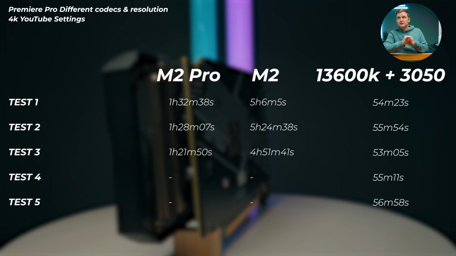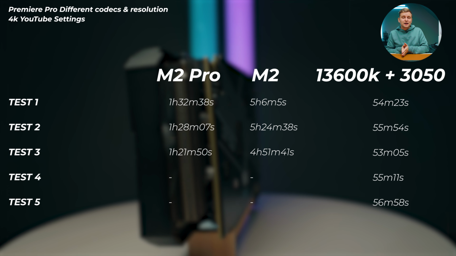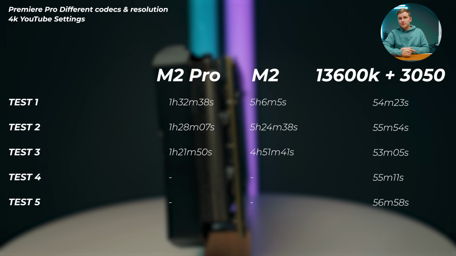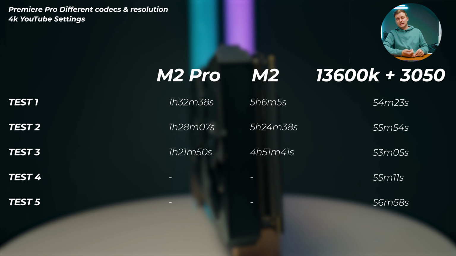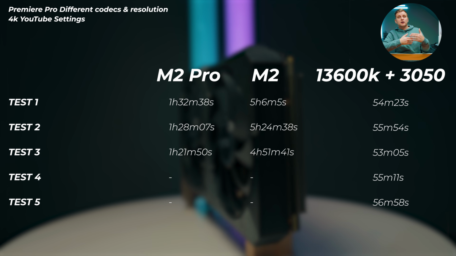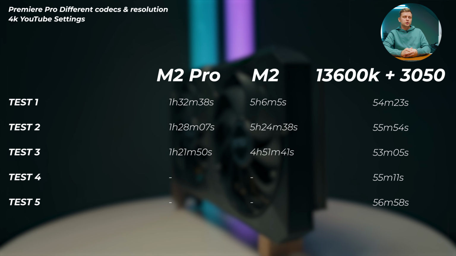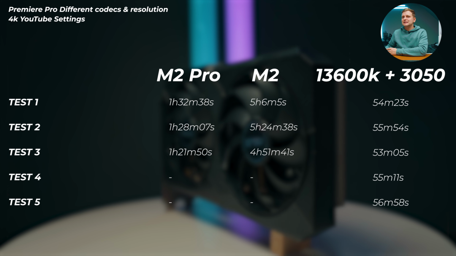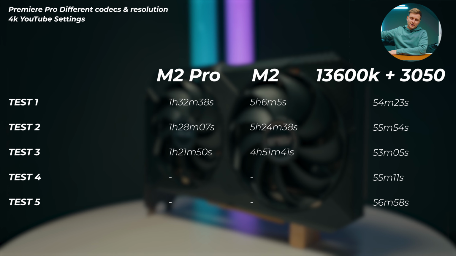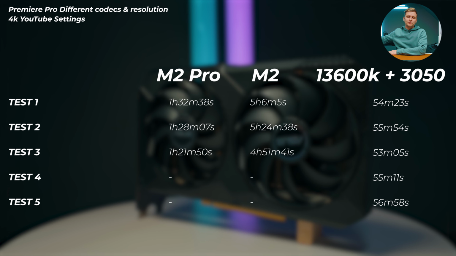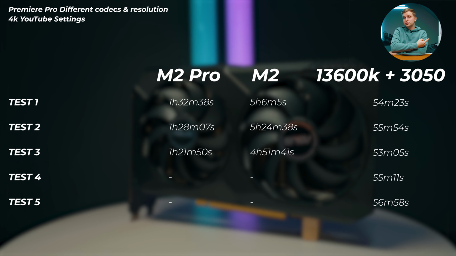which is quite a lot faster than the Mac, at 1 hour 30 minutes and 55 minutes. That's like a half an hour gain on the export, which is much faster on the PC. That's probably just due to the graphics card. The graphics are so much more powerful than the M2 chips.